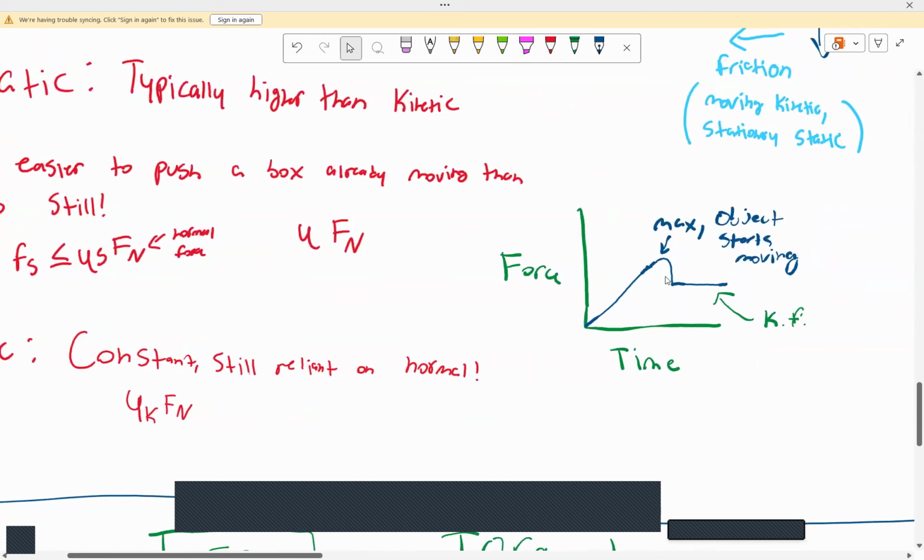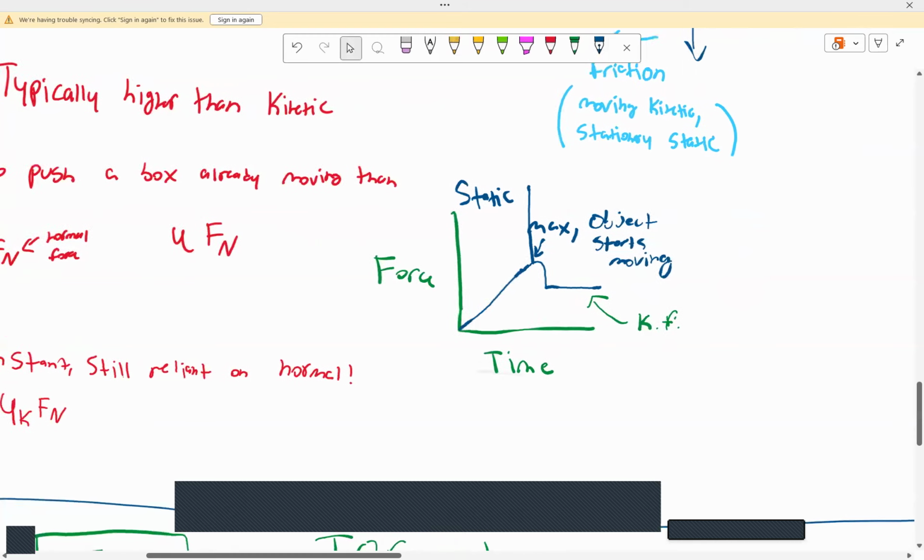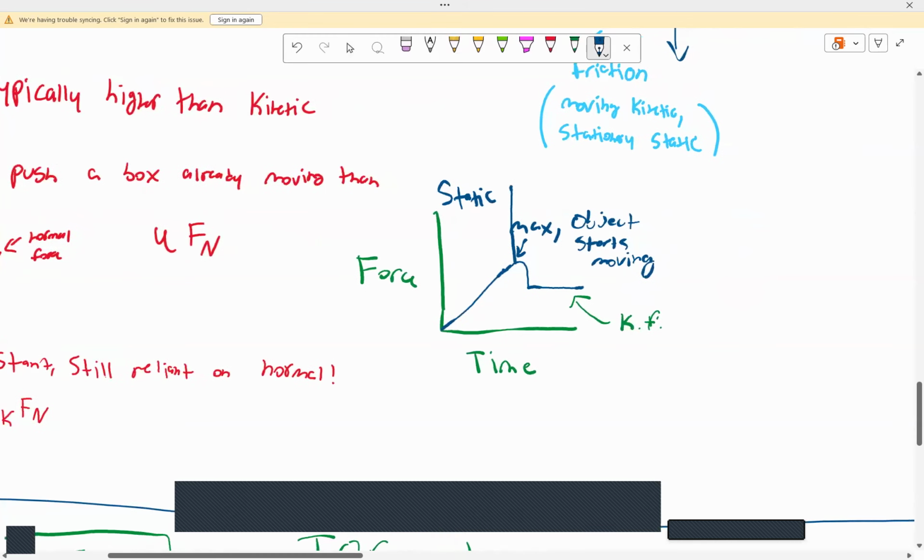I have a fun little diagram here. Over here, this would all be considered static, and then kinetic friction is over here. The max for static friction is always going to be higher than the constant for kinetic friction.